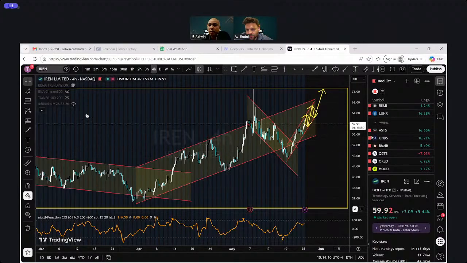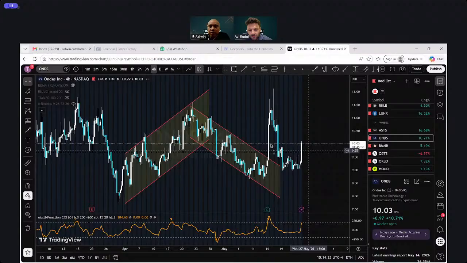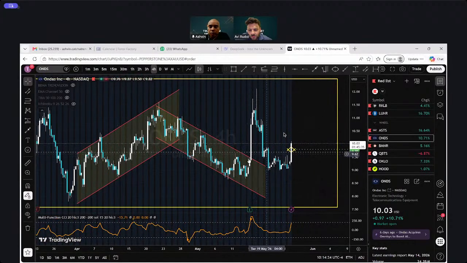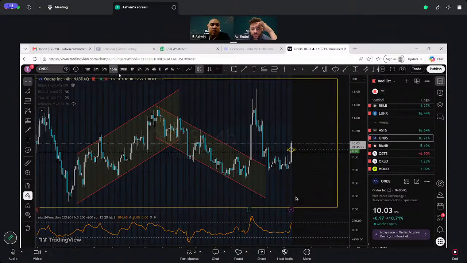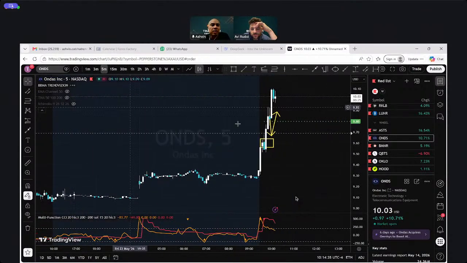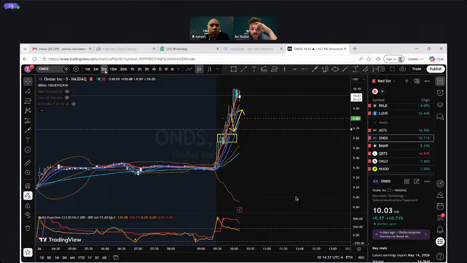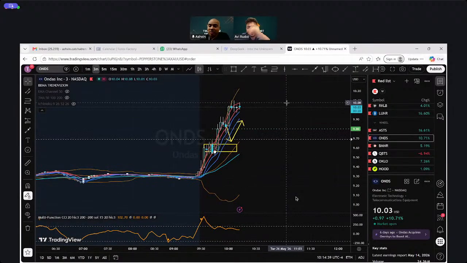Like on SoFi, it's okay because SoFi is right at the bottom of the range and it's got two channels right now, so it's still fine. But this one has broken up and broken down. So we've got to let it settle down first before we get in on the cash secured puts. That would be a safer approach. Excellent.